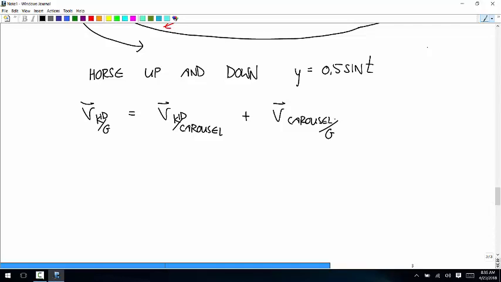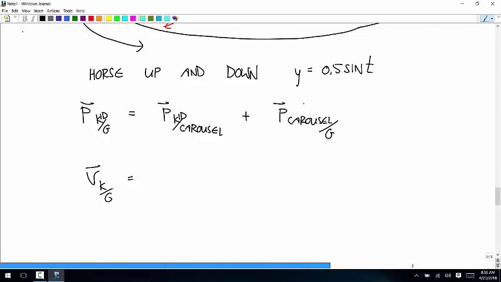What goes in the terms of the relative motion equation? Well, we have that function, so I did it as velocity. Let's do it as position because that's what we have the function for.